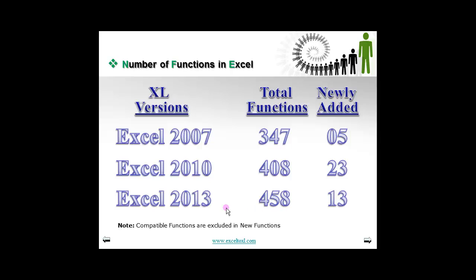One more thing, here I have given a note that compatible functions are excluded in new functions. You might get confused by the numbers 5, 23 and 13. You might have found more than this number. That is because the compatible functions are nothing but the functions which are already present in prior versions and are added to the later versions with small changes.